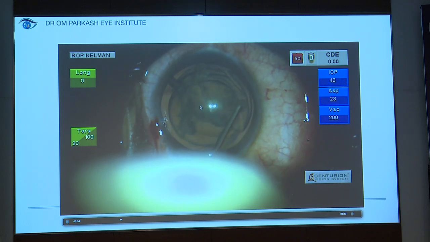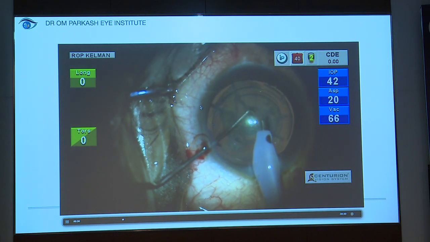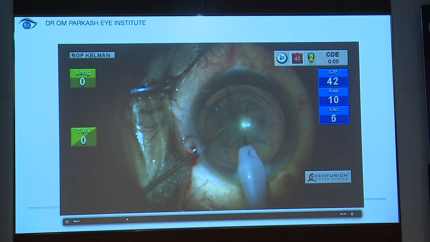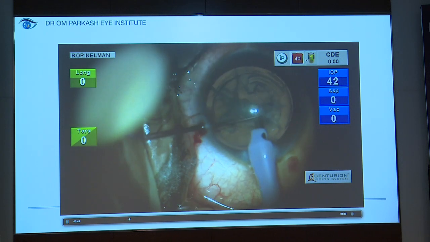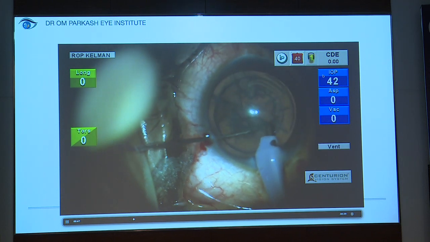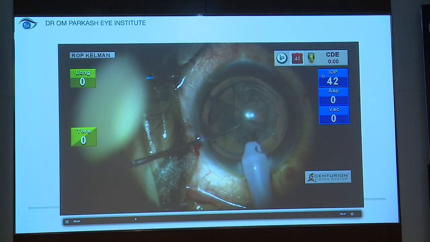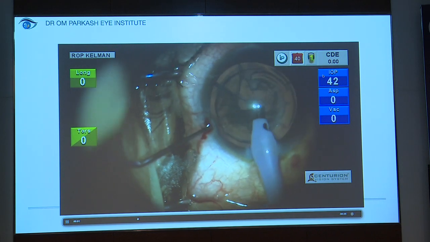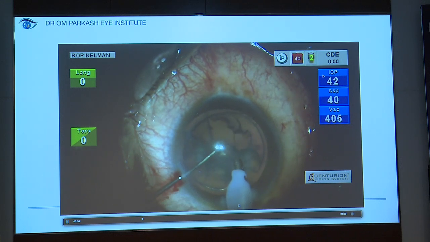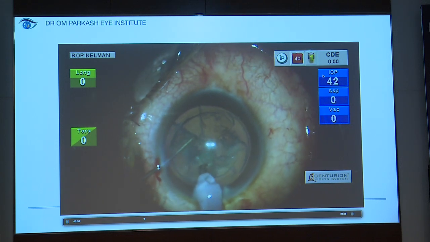We know that there's an open posterior capsule behind. So what I am trying to do is take out the inner layer. This inner layer is being taken out and you will find there's hardly any CDE being used. It is only just phacoaspiration which is being done. So you can see now I'm just trying to reposition the inner core. Once that inner core is gone, next comes the core outer to it, the peripheral layer.